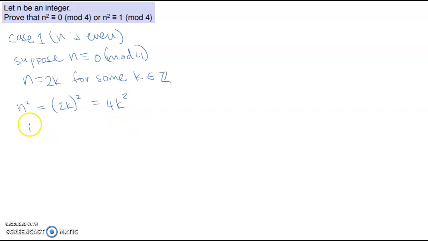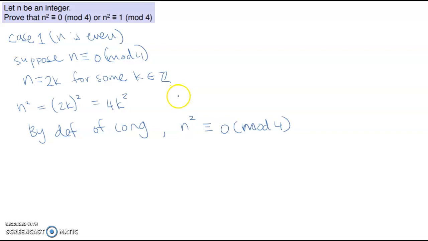And so by definition of congruence, we have n squared is congruent to 0 mod 4. Alright, so that's taken care of.